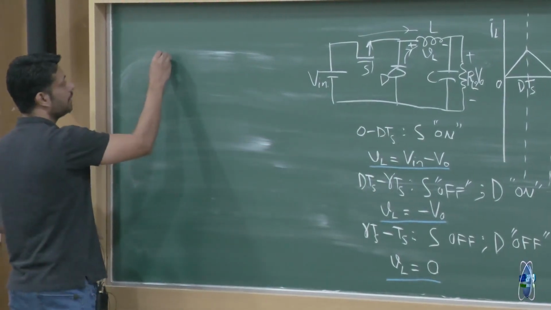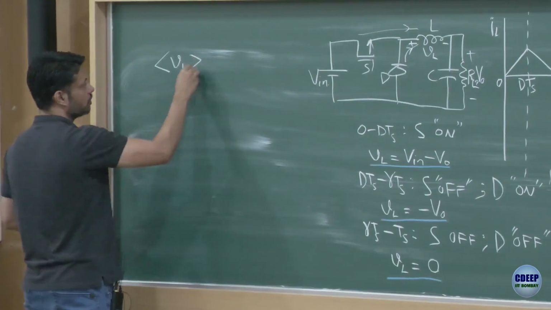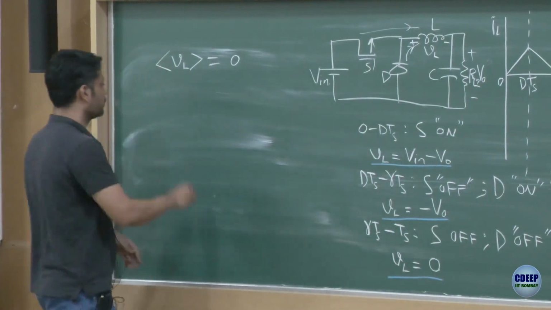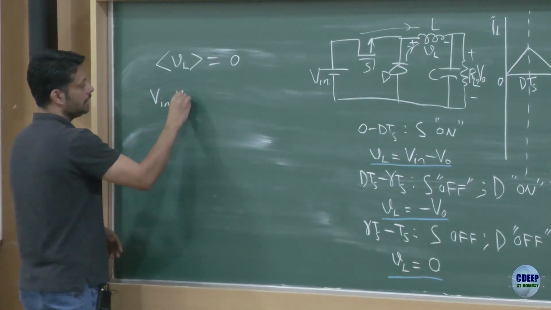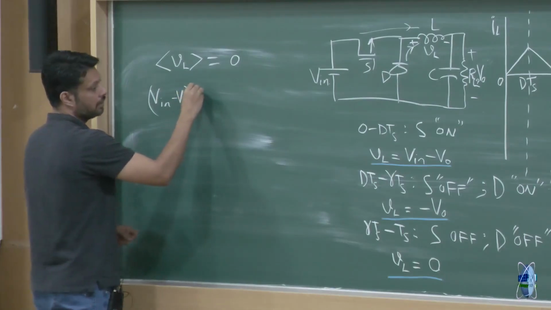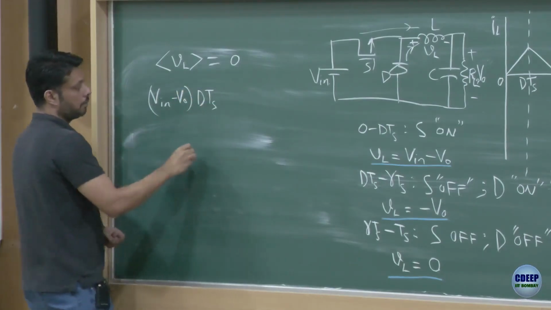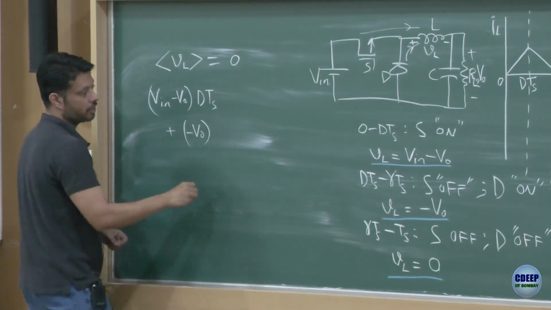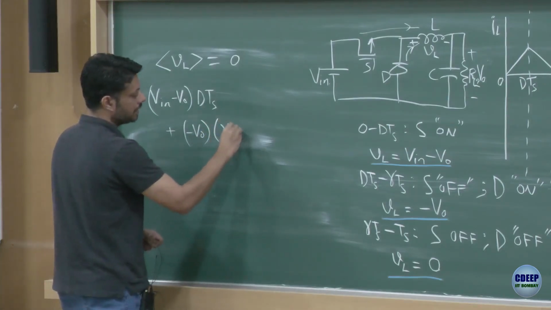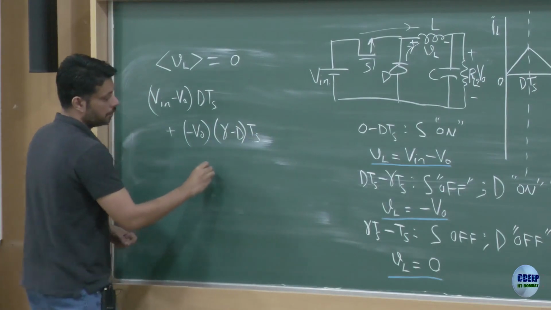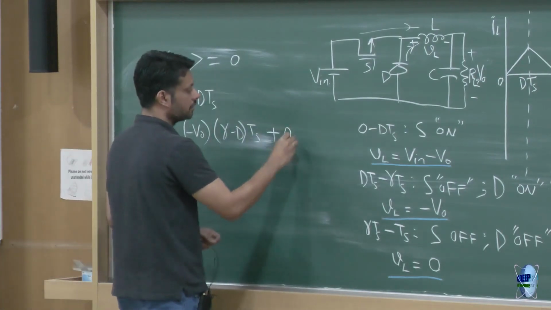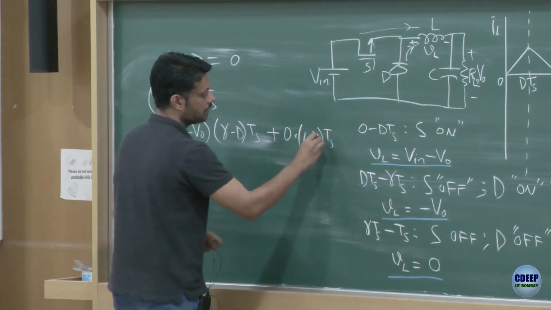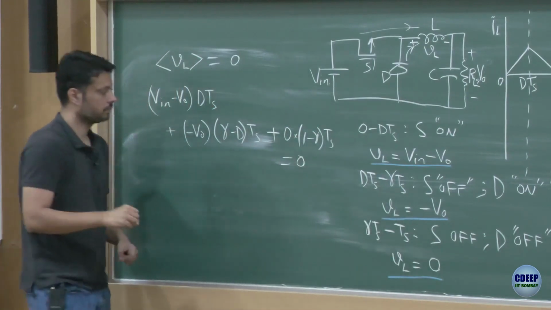Okay, so I can apply volt second balance, I can equate the average voltage of the inductor to 0, and if I do that, I can write (Vin minus VO) applied for a duration of d times Ts, plus minus VO applied for a duration of (gamma minus d) times Ts, plus 0 applied for a duration of (1 minus gamma) times Ts equals 0.